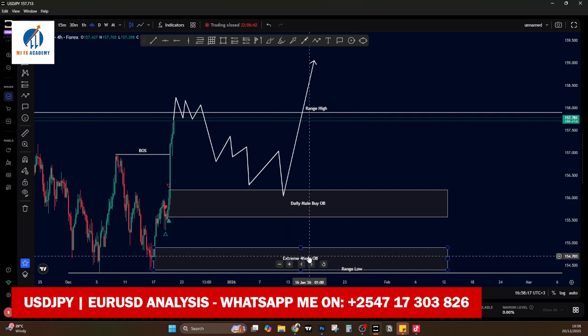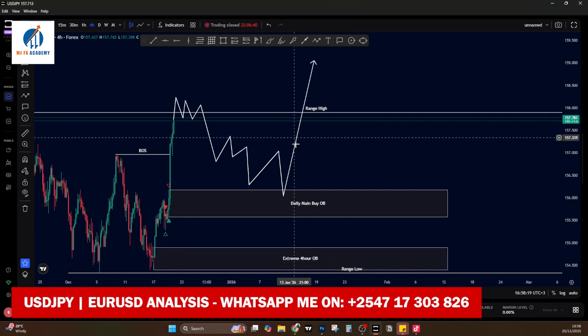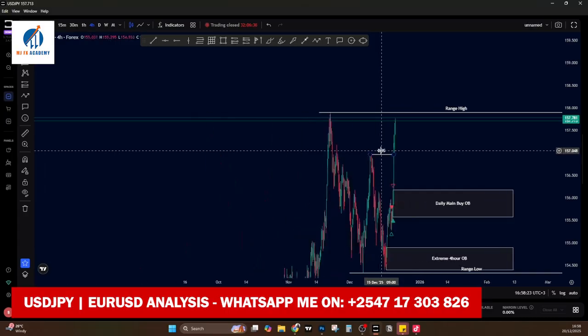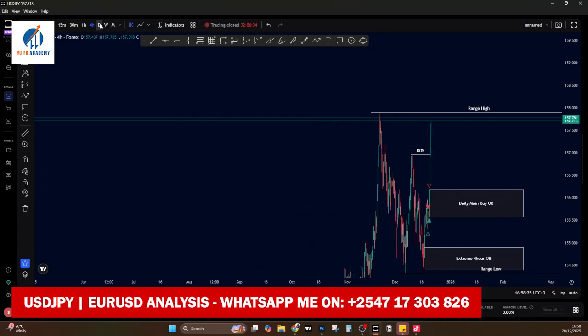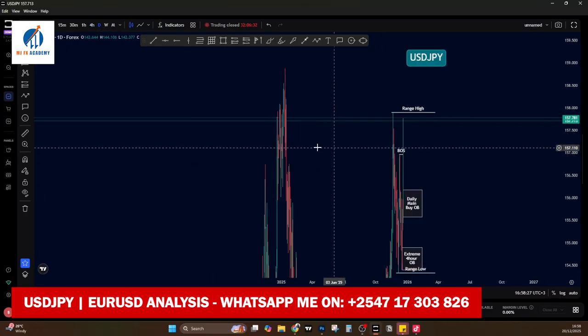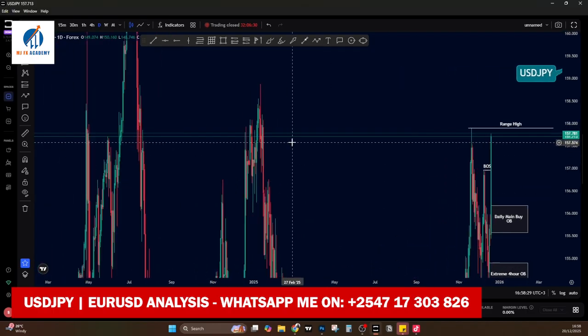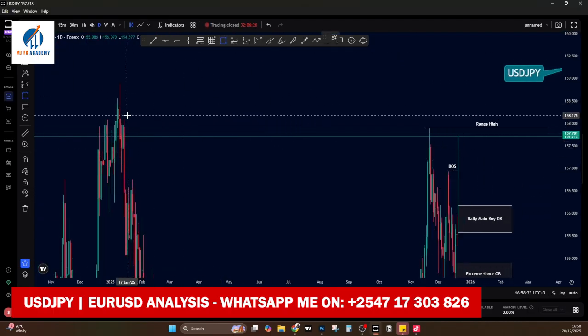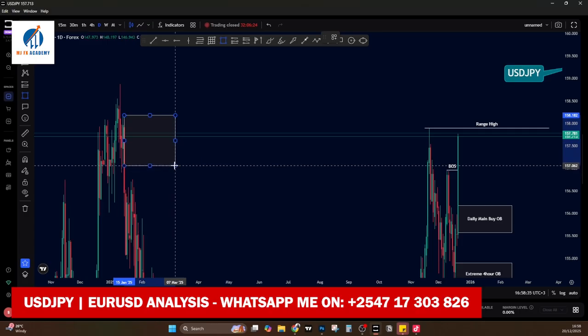But if it decides to come here, we will still move up with it. Let me see, are these the highest high? No, these are not the highest high. And you can see that the market is already reacting from this order block here.